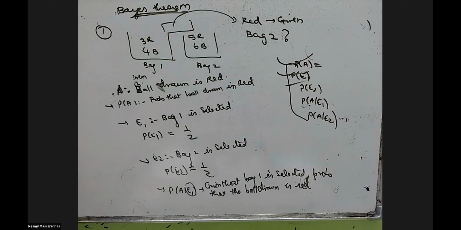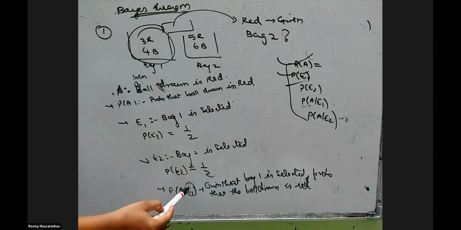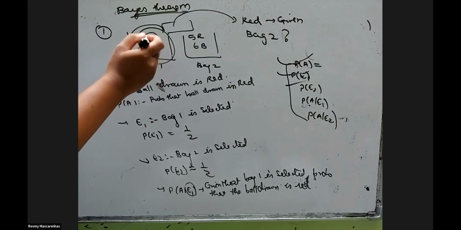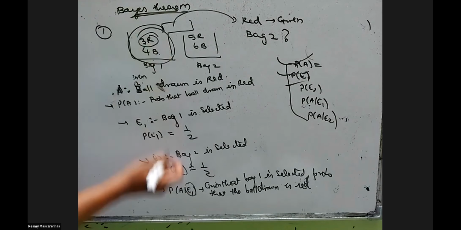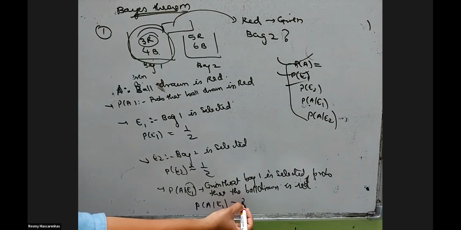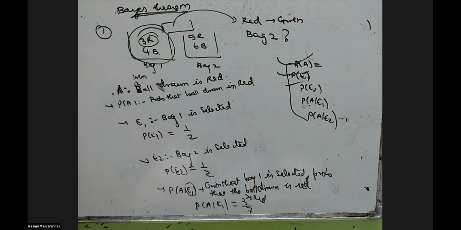Given that bag 1 is selected, probability that the ball drawn is red. Given means assuming that you had gone and selected bag 1. So how many red options would you have to pick from? 3 red balls out of 7 balls total. So P of A upon E1 will be 3 upon 7.